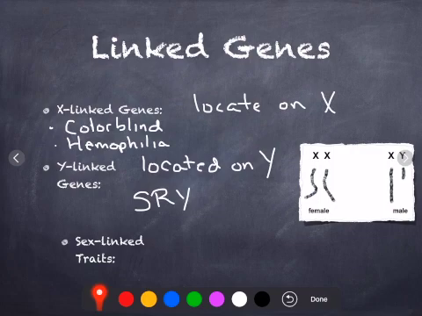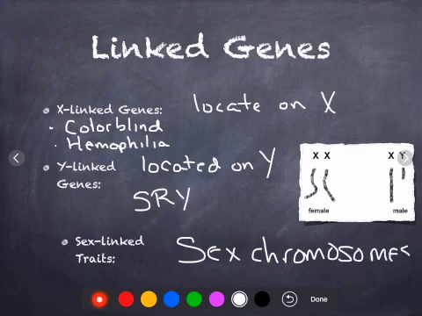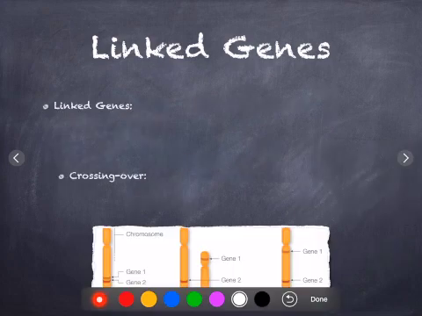Whereas males, if they get the recessive trait on their 1 X chromosome, that's what is going to be expressed. So this is why sex-linked or X-linked genes are found in males much more than females. Pretty much sex-linked, all we're talking about here is anything that is located on our sex chromosomes. Again, X-linked, Y-linked, the only thing Y-linked being the SRY gene, making males males.